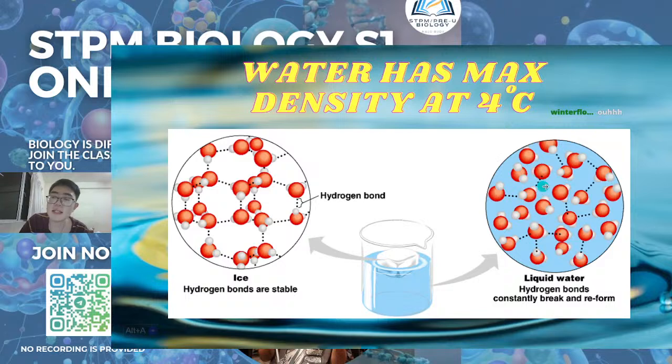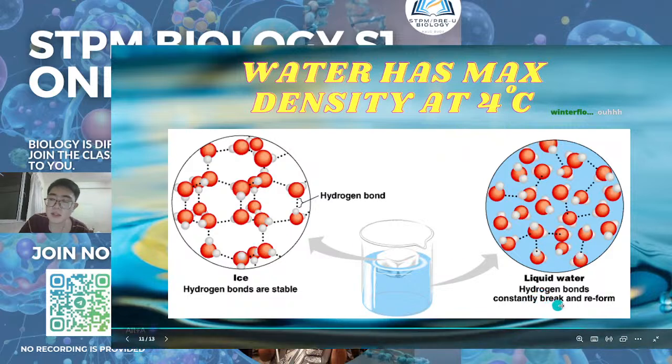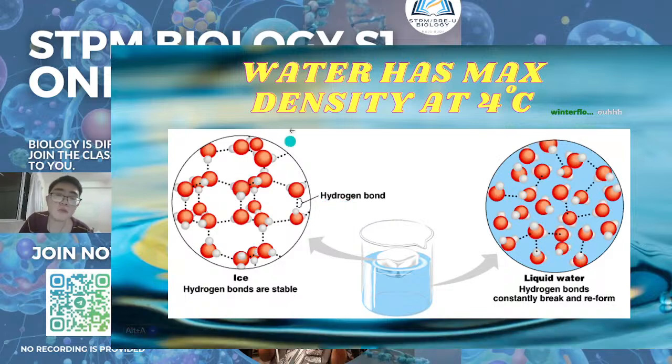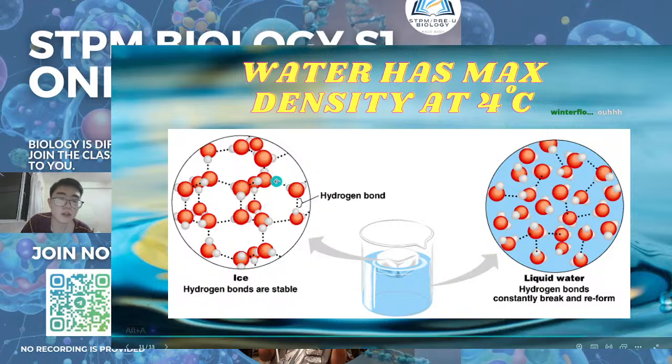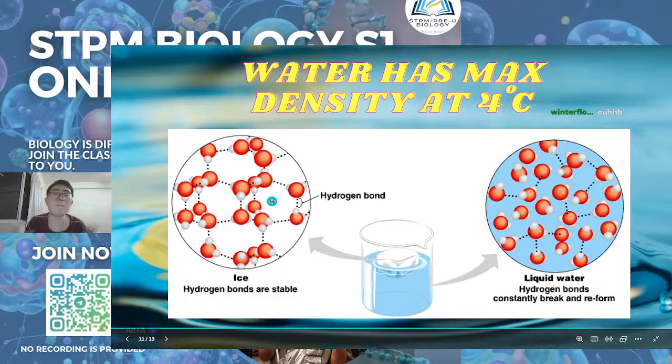So it is very easy to break down, compared to solid form. So hydrogen bonding is constantly breaking and reforming. But when you compare to solid, it will form a crystalline structure. Why crystalline structure? The hydrogen bonding will form between the water molecules in a very packed structure, because in solid it is very packed, right?